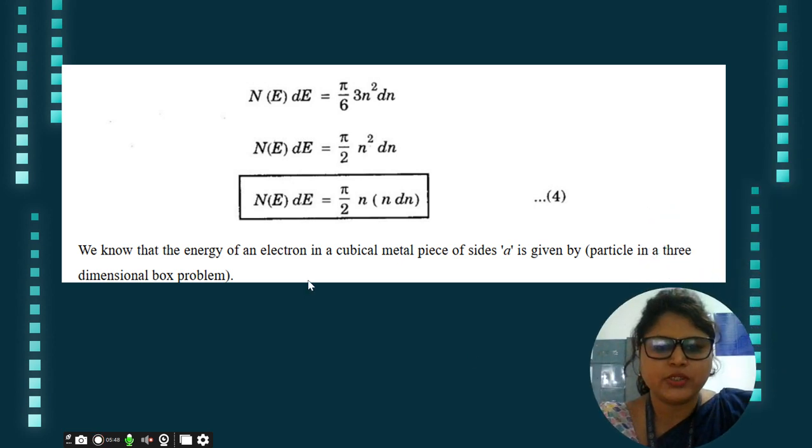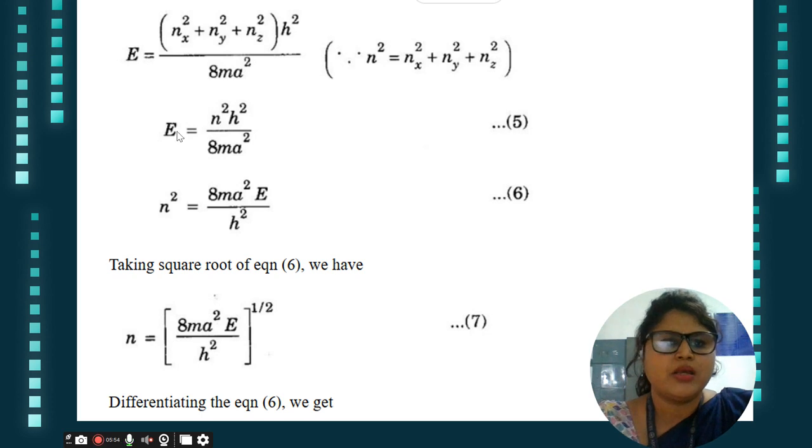And we already know the energy of an electron in the cubical metal piece of side a is given by E = n²h²/8ma². So n² = 8ma²E/h². This is your equation 5, this is your equation 6.